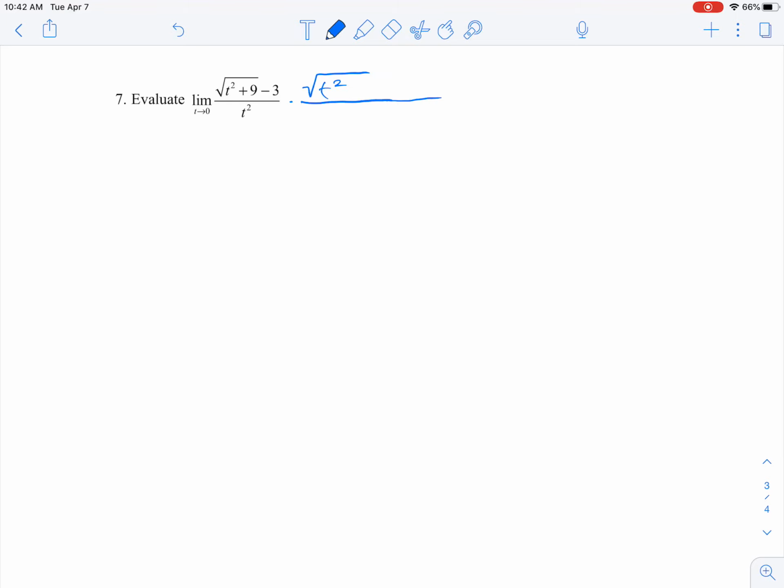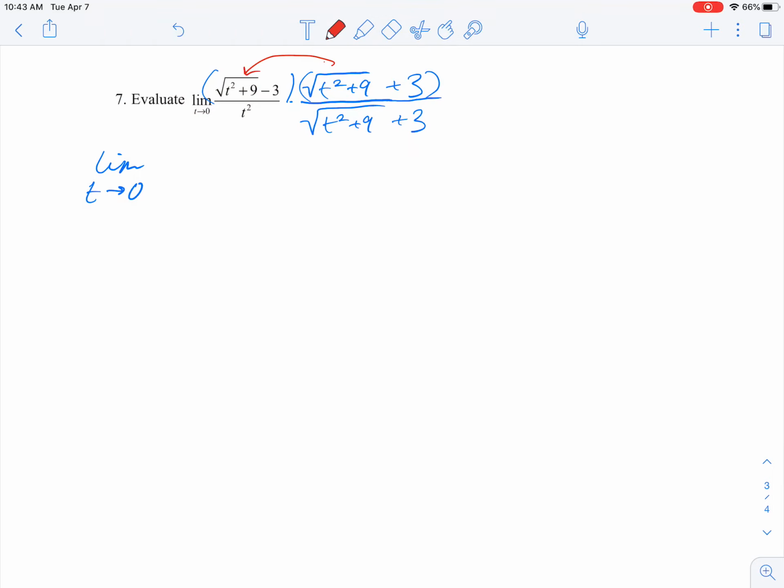But what you want to do here is multiply by the square root of t squared plus 9 plus 3 on both top and bottom. It may go against all you see as holy because we're going to wind up with radicals on the bottom and get rid of radicals on the top doing this. But welcome to more adult math. This is where that might be helpful, so we're going to do it. Let's go ahead and think about foiling these two things out.